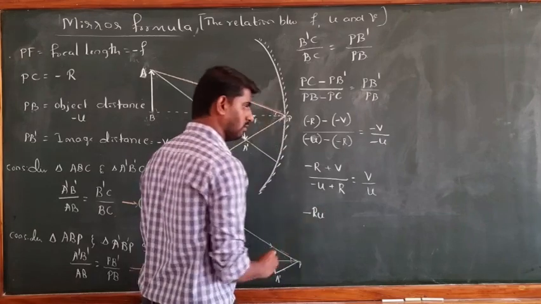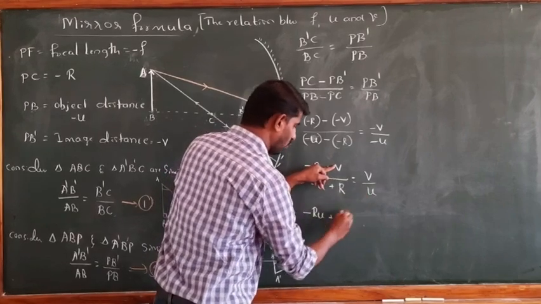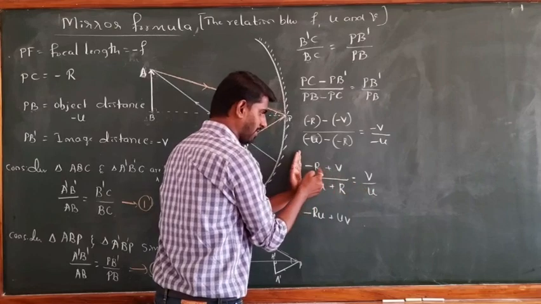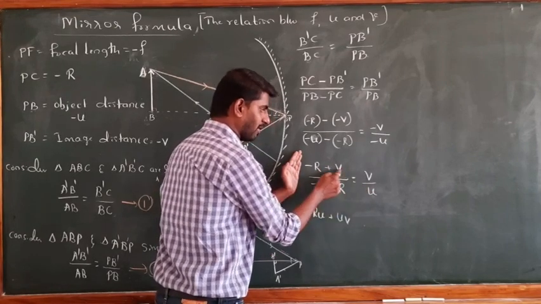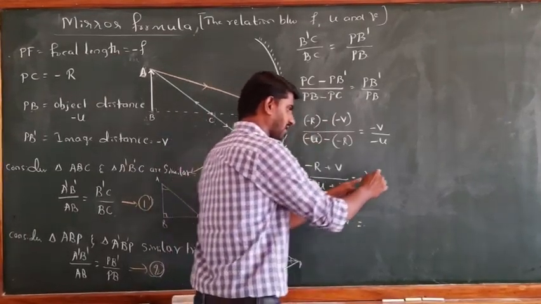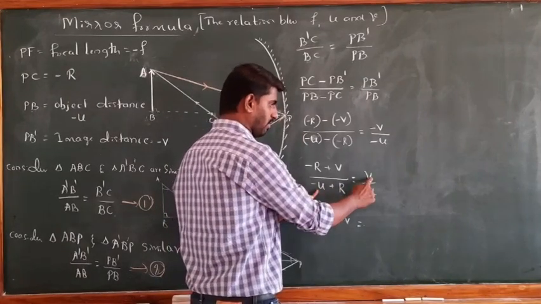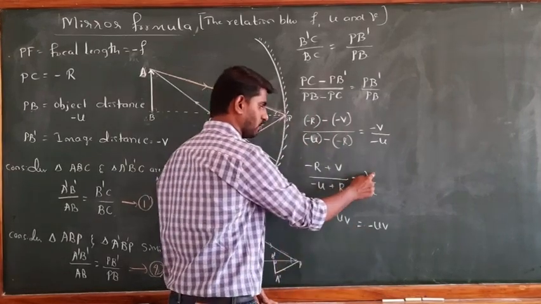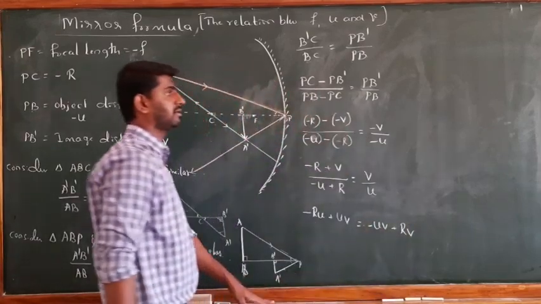Minus RU plus UV. I multiplied this U here, so U multiplied with R becomes RU with a negative sign, and U multiplied with V becomes UV. Equal to, taking the denominator on the right-hand side, multiply this U with V, this becomes minus UV, and plus RV.